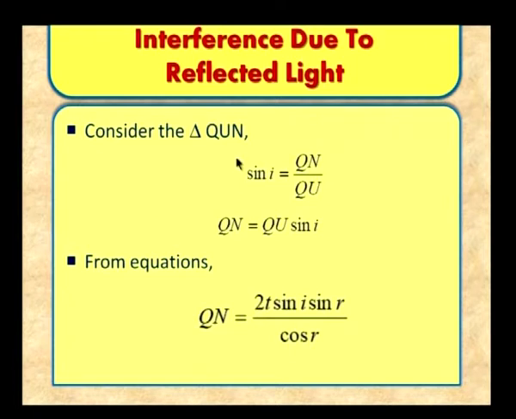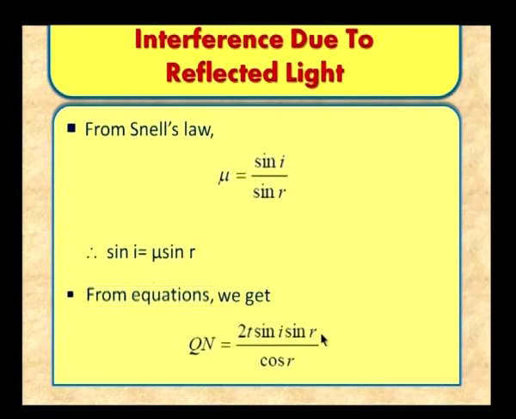Consider the triangle Q U N. From that you can find sin i equal to Q N by Q U, and Q N will be Q U times sin i. From the above equations you will get Q N equal to 2 T sin i into sin r by cos r.